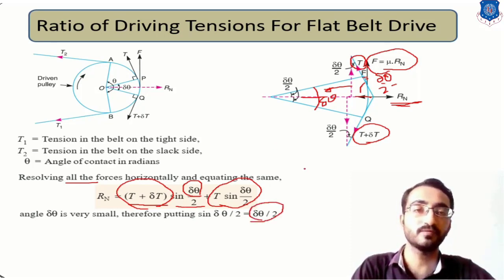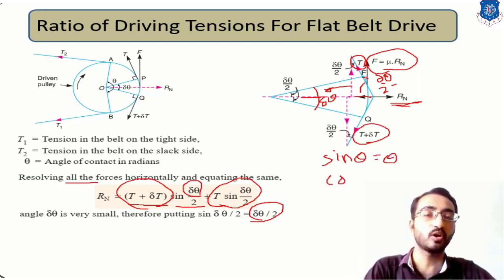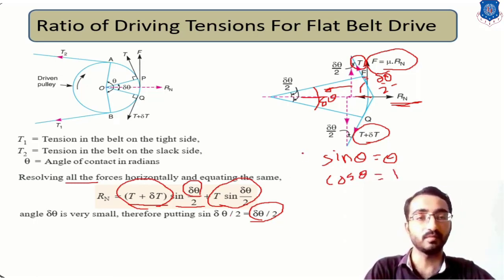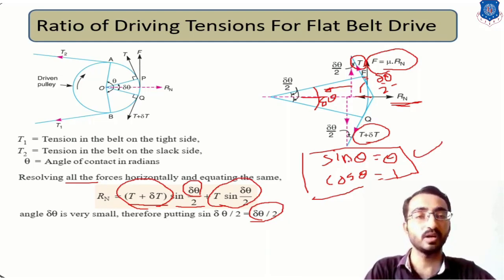Because for a small angle we have a basic derivation: for a small angle sin theta is equal to theta, and similarly for cos theta, for a small angle of theta we can say cos theta is equal to 1. Okay, remember these two terms because they are required in this derivation. So for a small angle, sin theta is equal to theta, and for cos it is 1. So we can replace sin delta theta by 2 with the simple term delta theta by 2.